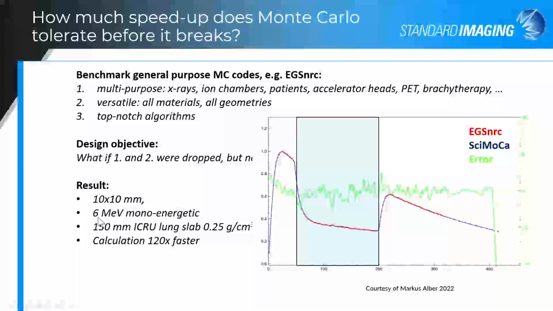It's a 10 by 10 beam, 6 MeV monoenergetic particle, traversing through this 150 millimeter ICRU lung slab, and you can see how the dose changes with depth through this lung slab, and then, of course, the interaction when it goes back into the water equivalent material.